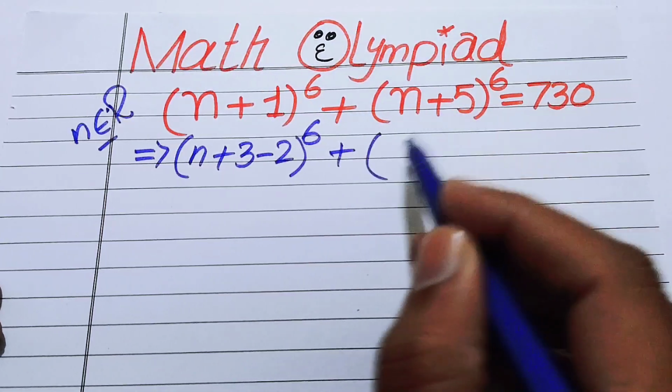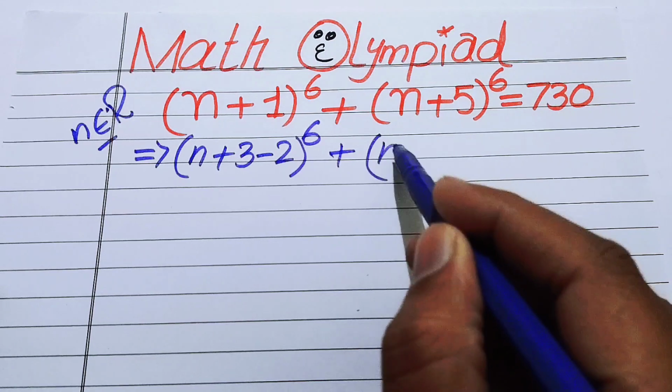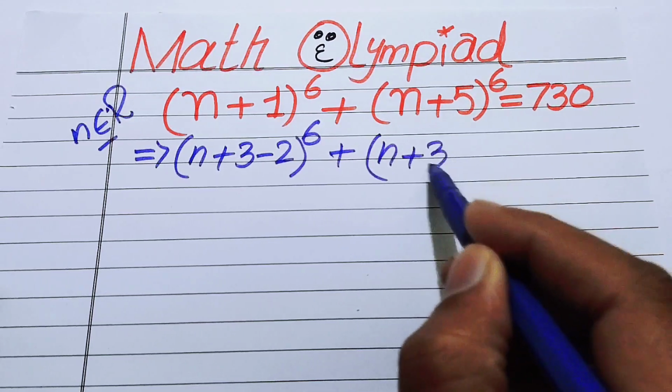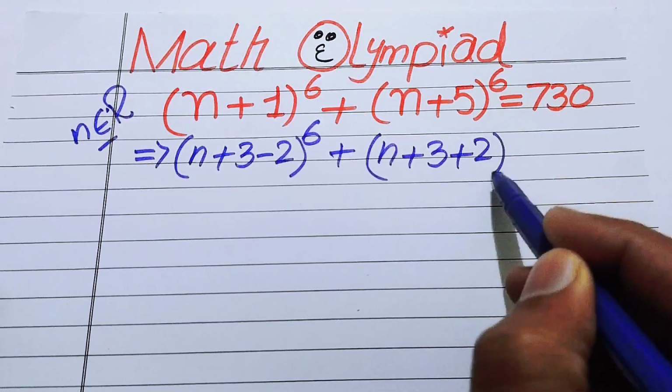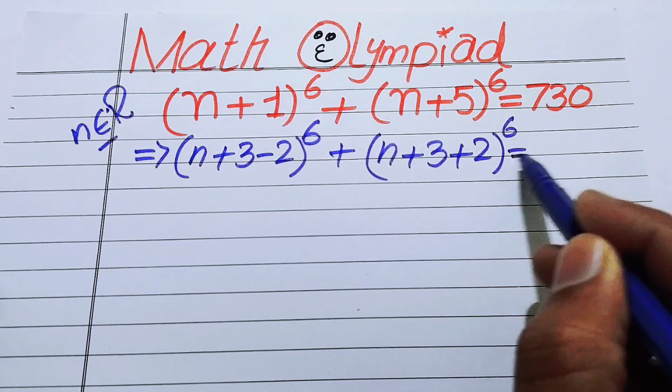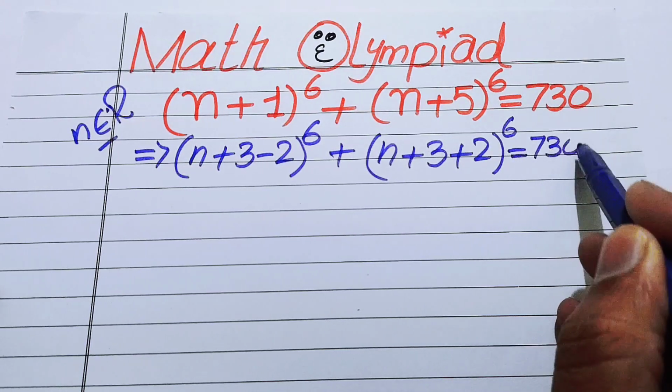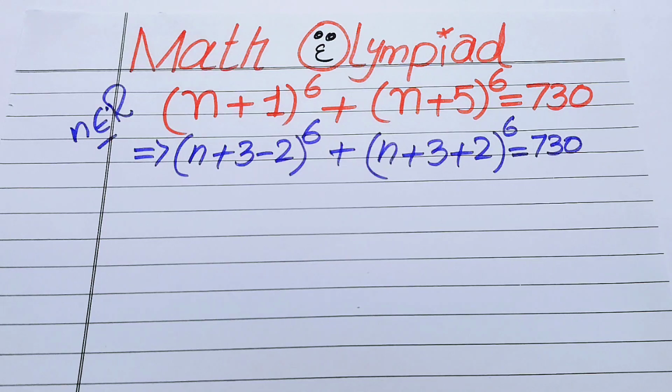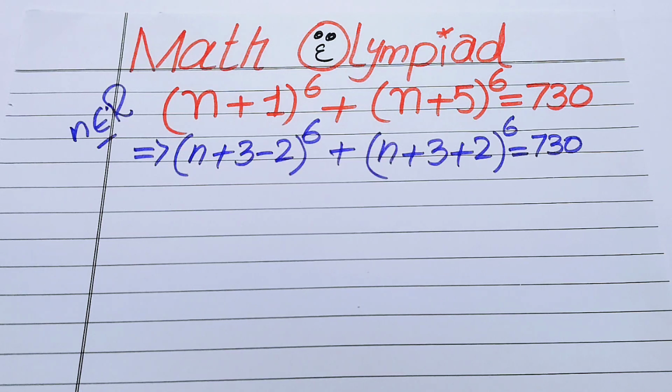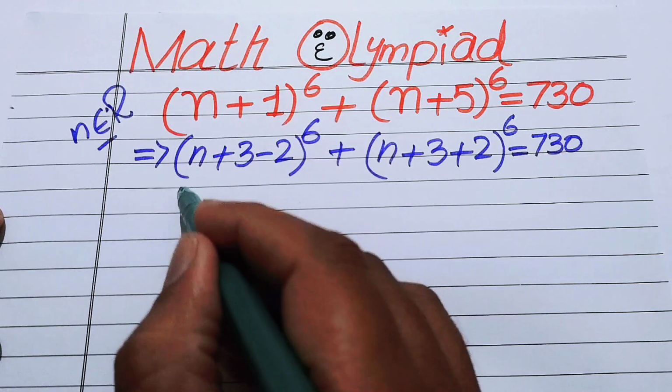Similarly, here we have n + 5, and we will write it as (n + 3 + 2) to the power 6, and it equals 730.